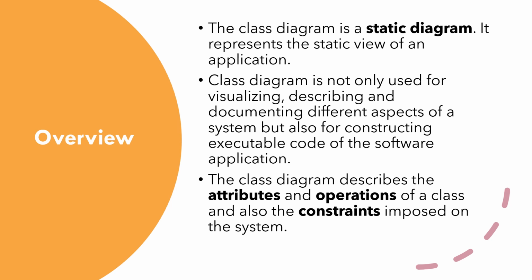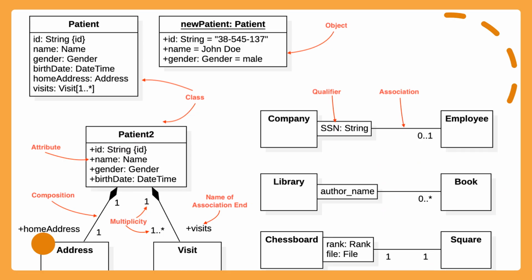This is the uniqueness of the class diagram. It not only explains the attributes but also gives us operations, so it makes it easier to execute in the software application.